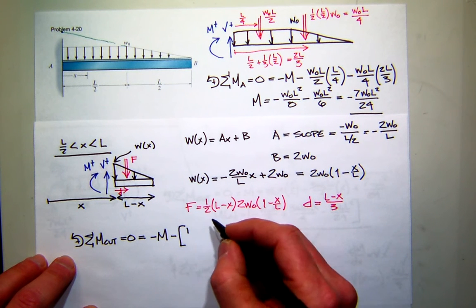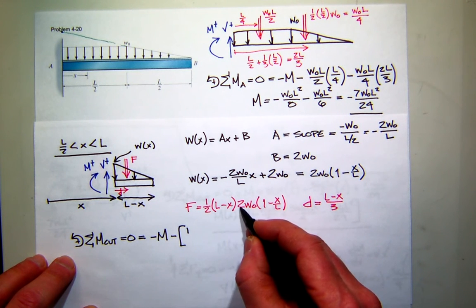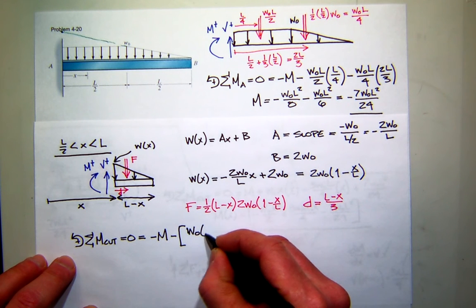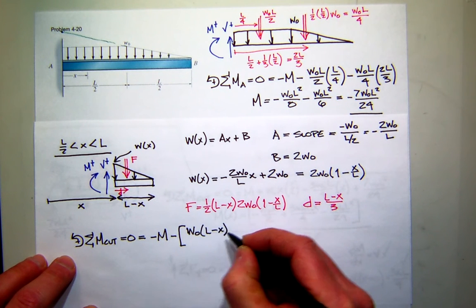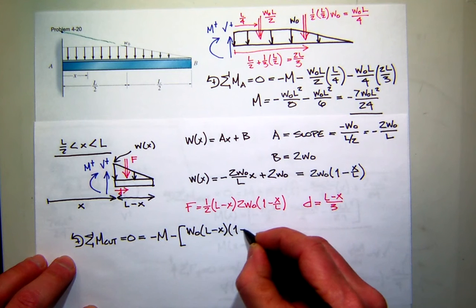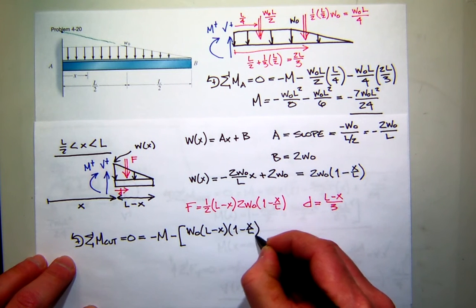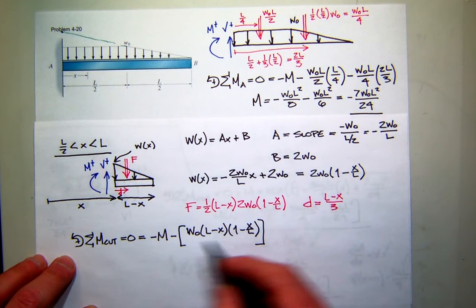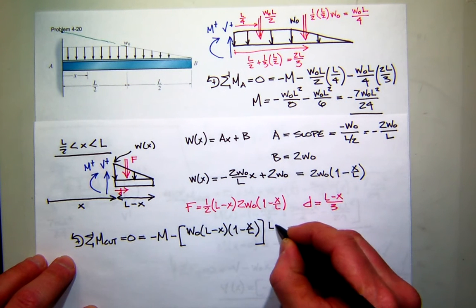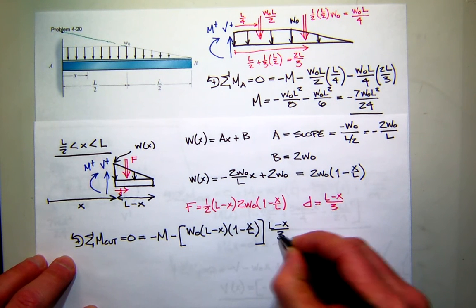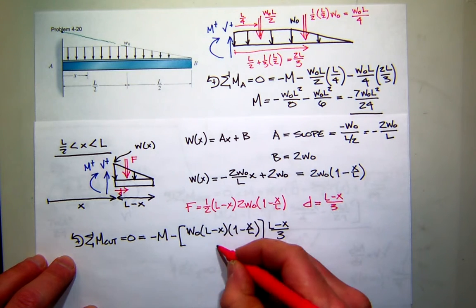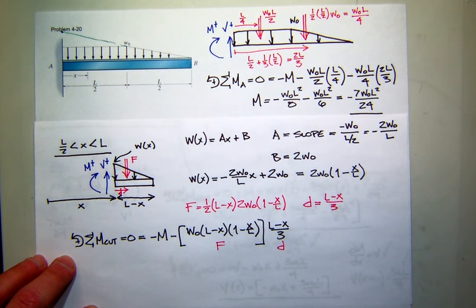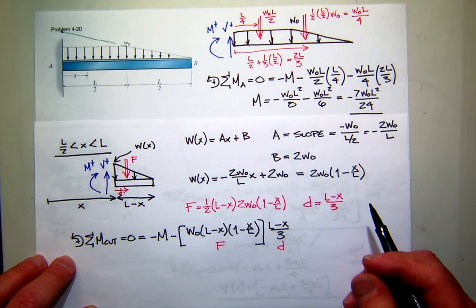First of all, the half and the 2 cancel, right? So I just get W naught L minus X times 1 minus X over L, right? And then times D, which is L minus X over 3. So remember, this is the force, this is the distance. That's it.